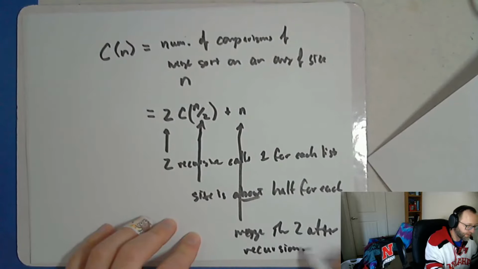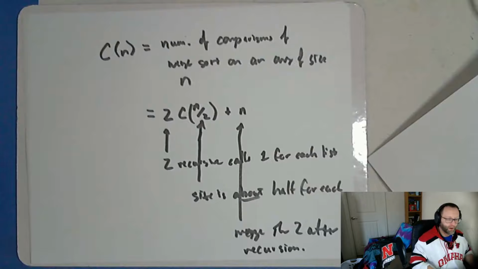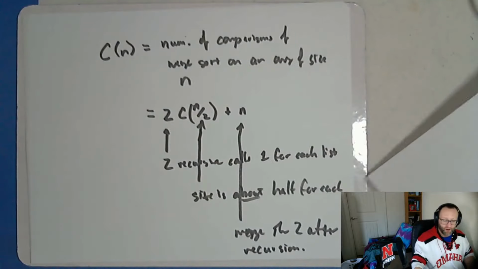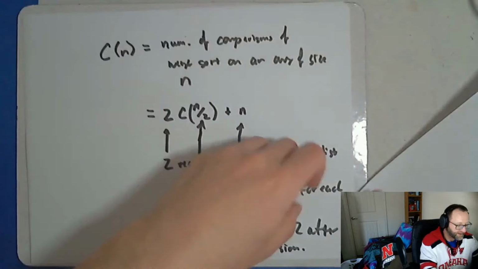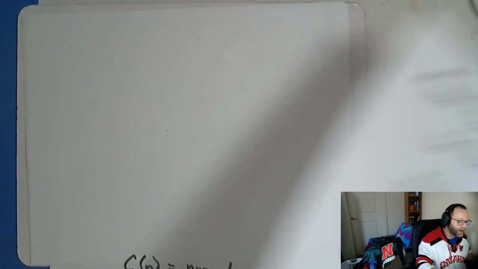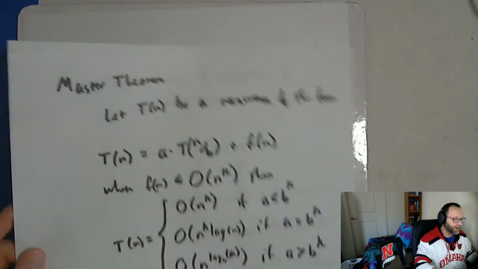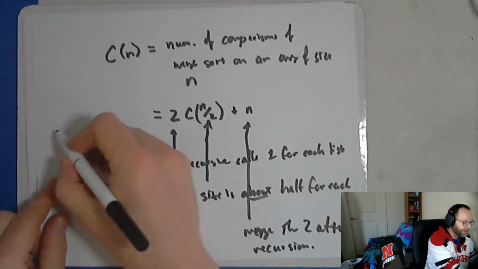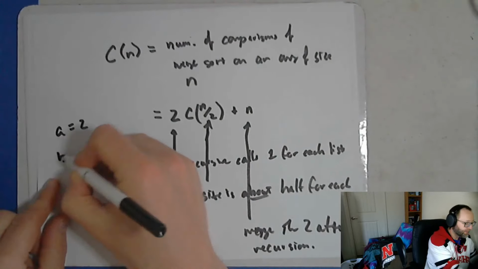So that's the recursive setup that I now need to solve. You can solve this by unrolling the recursion and doing some mathematics and stuff like that. But again, who cares about solving this when you've got a tool like the Master Theorem? So all we need to do is identify a, b, and k. a is 2, b is 2.